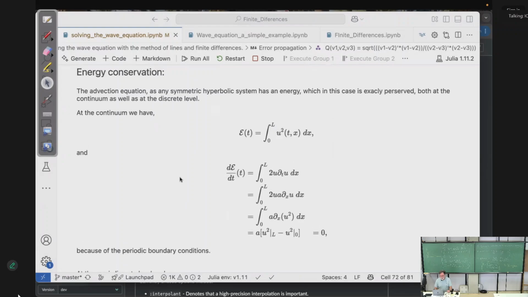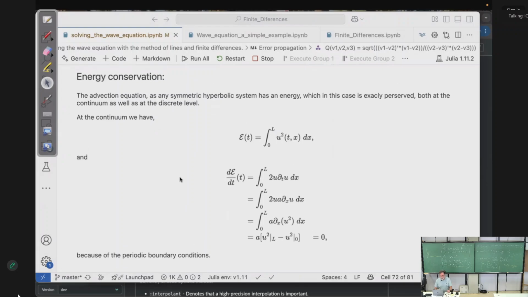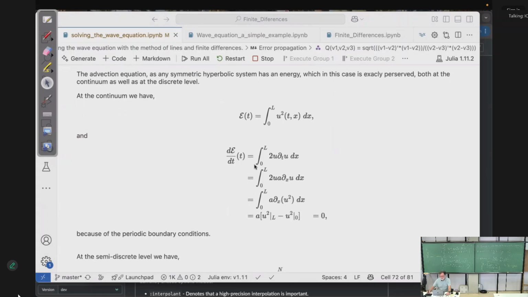So finally we are going to see something else, which is energy conservation, just to track conserved quantities. In our equation in the continuum, we have this energy, the integral of u squared, which is conserved. Here we have a proof that it is conserved. You take the time derivative and put it inside. That means that this is twice u times the time derivative of u.